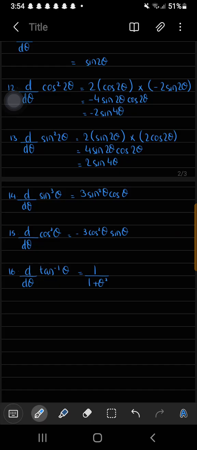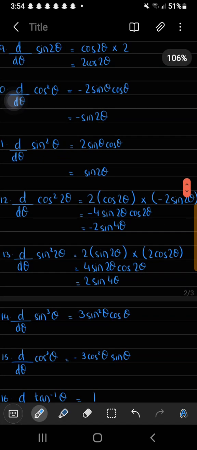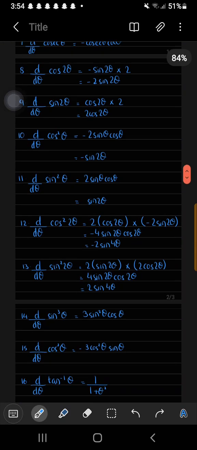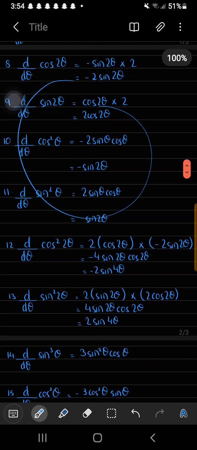Then differentiation of tan inverse theta is 1 upon 1 plus theta square. Just review it, memorize it if it is possible, and look at the derivations. These things are not required to memorize because these are derived using these.